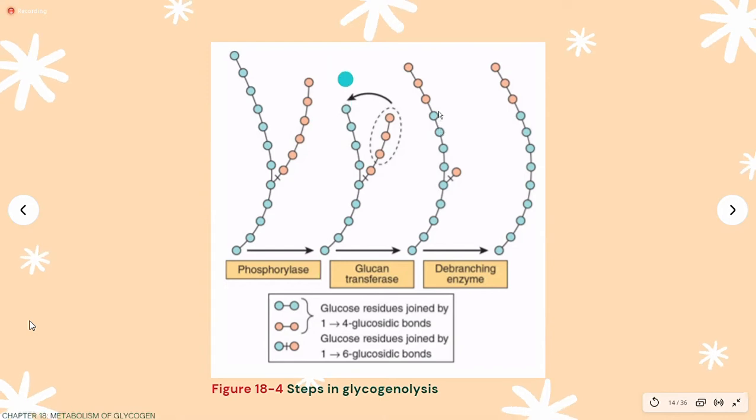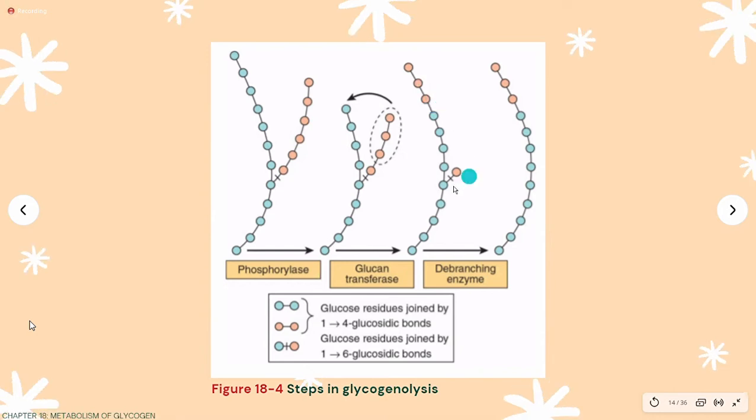That's what happens. So what is left? Only one glucose, alpha 1,6.